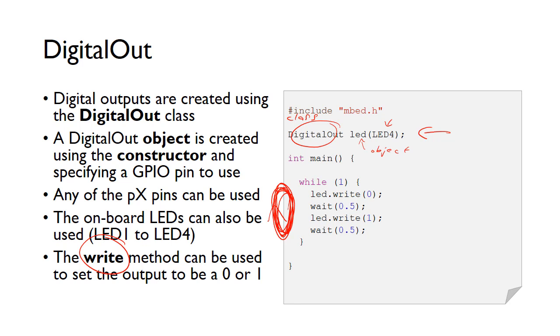We do that using this dot syntax. So I've got LED.write, and in brackets I've put 0, so you can guess that's going to put 0 volts on the pin. These LEDs are actually positive logic, so that will turn the LED off.